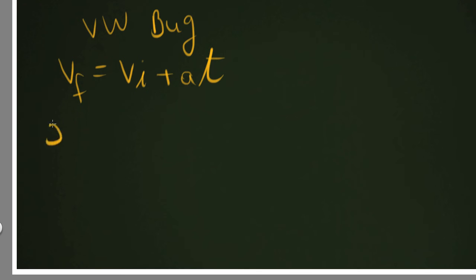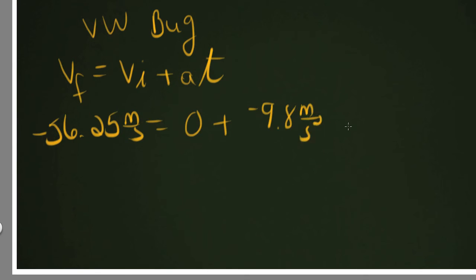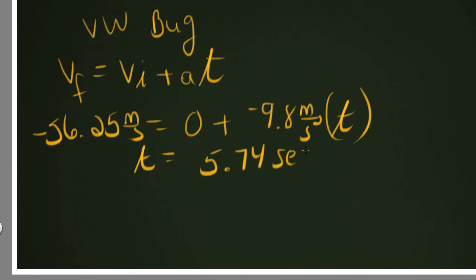That's 56.25 meters per second, and I'm going to make that negative because it is going down. The initial speed is 0, and we know negative 9.8 meters per second squared times t. When I divide out, I can find the time just to reach terminal velocity: 5.74 seconds.